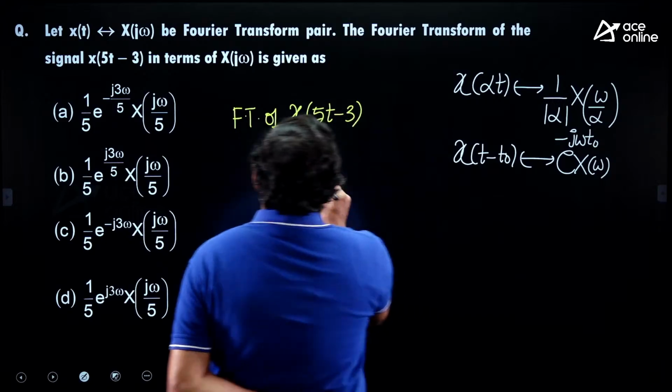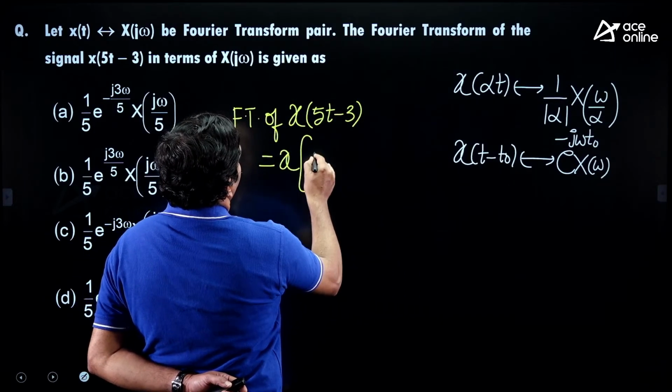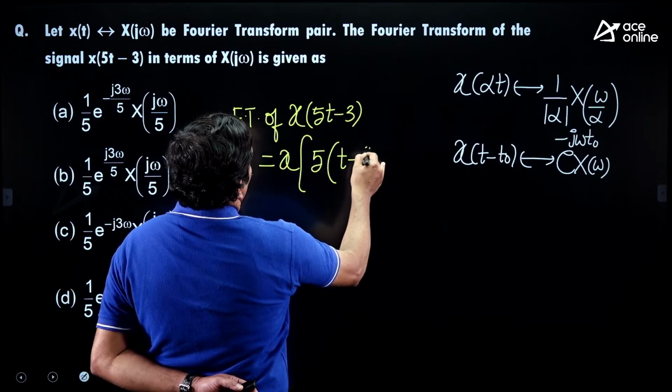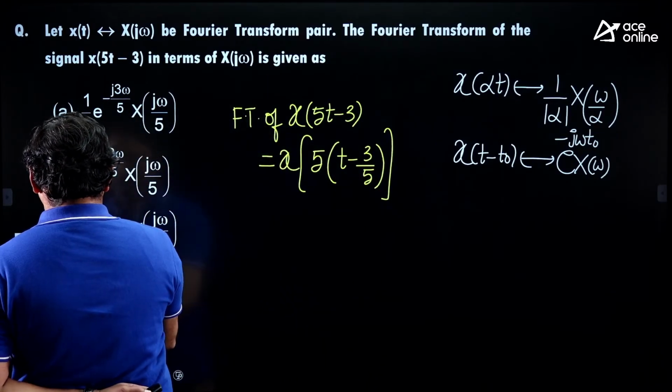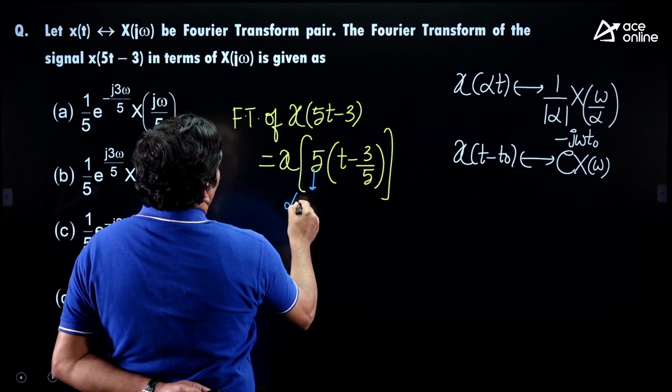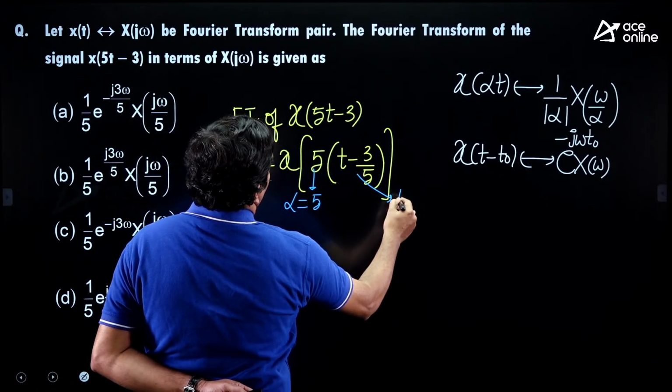So when you take the internal scaling factor common, alpha 5, t naught is 3 by 5.